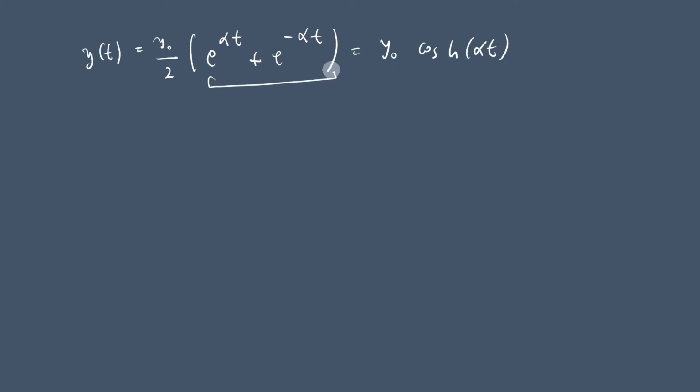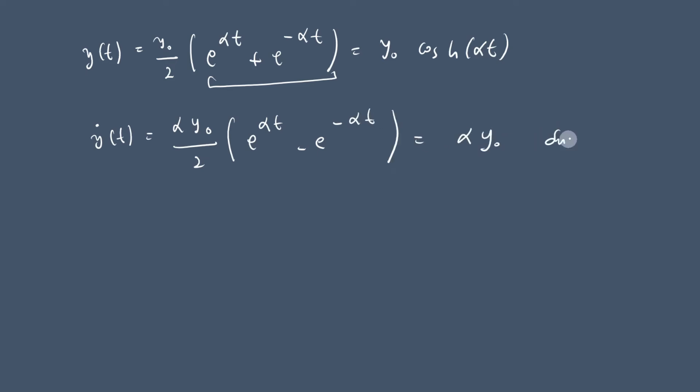This is the hyperbolic cosine, and the speed is y dot of t equals alpha y0 divided by 2 times e to the alpha t minus e to the minus alpha t, which equals alpha y0 sinh alpha t. This is the solution for the position as a function of time, and the velocity as a function of time. The time t that satisfies y(t) equals L is given by L equals y0 cosh alpha t.